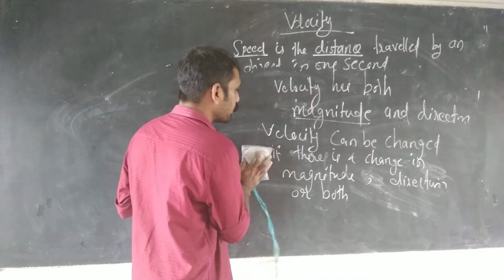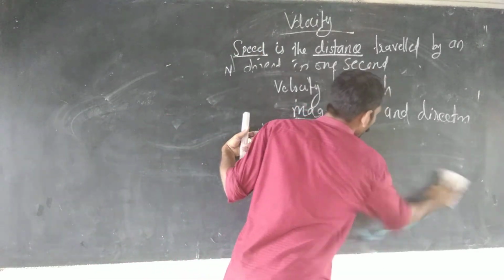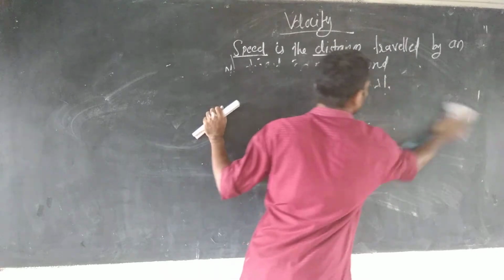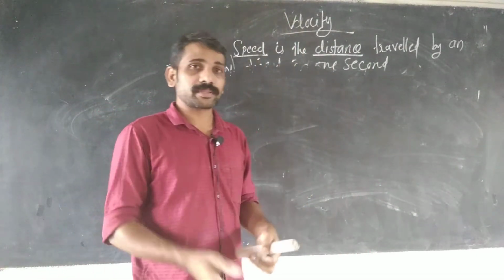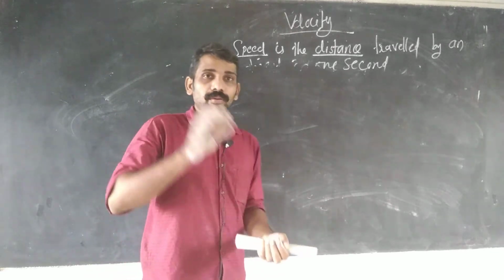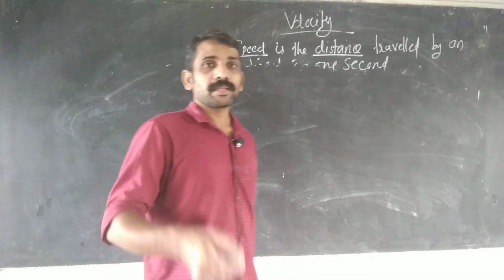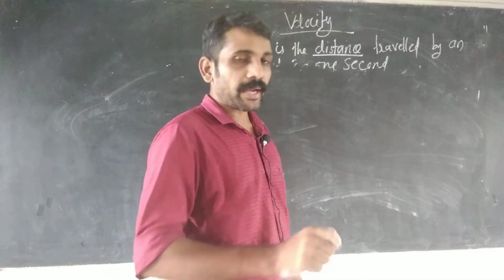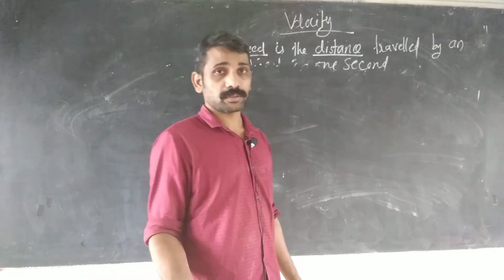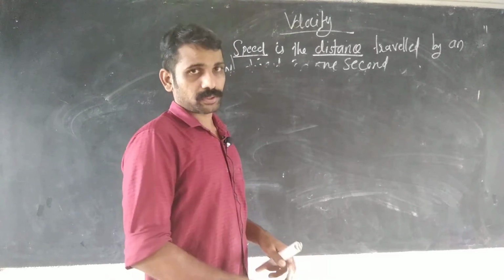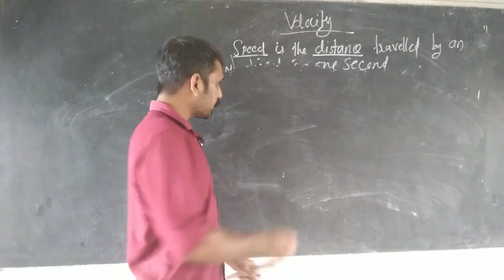With the help of an example only we can understand this property of velocity. Velocity can be changed if there is a change in magnitude, in direction, or in both magnitude and direction.